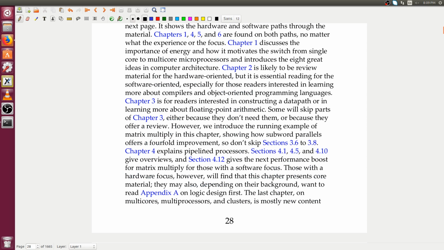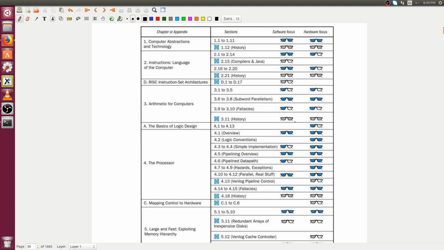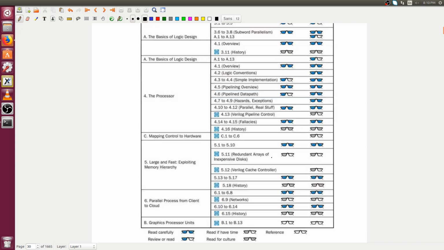Changes for the 5th edition. Who cares? All right. So if you guys want to tune in and out, or you want to know who's going to get what from each chapter, you need to take a mental screenshot of this, or an actual screenshot. I would suggest an actual screenshot. So this is basically what each of these pairs of glasses means.